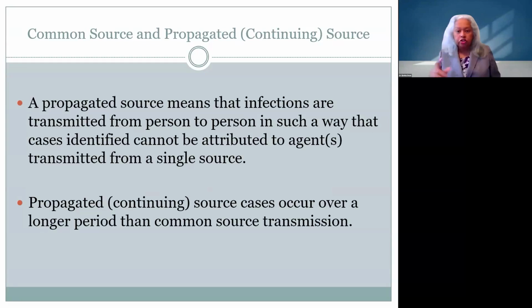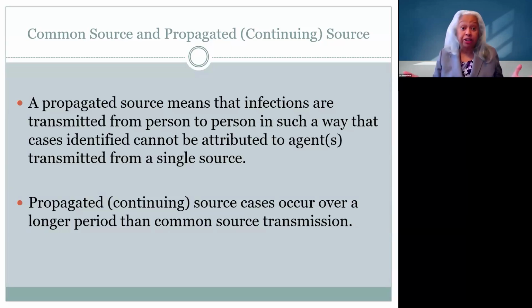A propagated source is a continuing source, meaning infections are transmitted from person to person in such a way that you can't really identify transmission from a single source. Propagated sources occur over a longer period of time than a common source transmission.